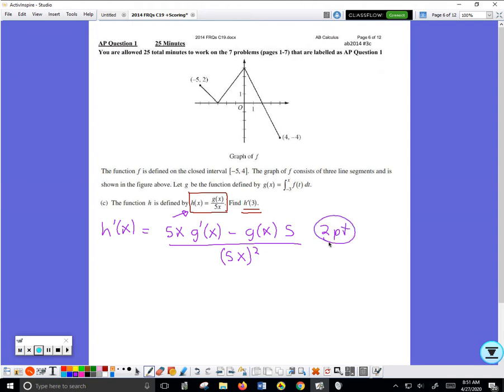Now we want to plug in a 3, so we write h prime of 3 equals, so that would be 5 times 3. We don't have to work anything out. We are going to have to find g prime of 3 though. And we are going to have to find g of 3, otherwise they won't give us the point.